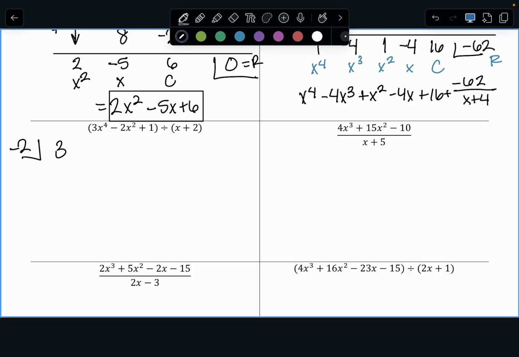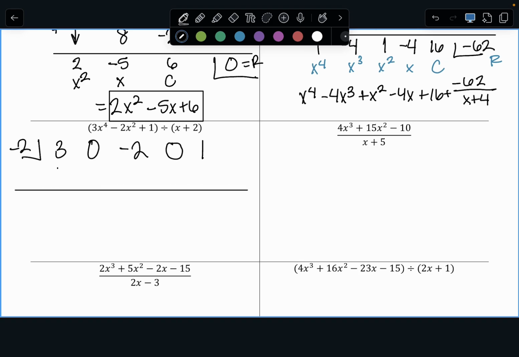Am I missing a term here? 0. Okay, I'm missing a term. What's my next number? -2. We need another 0 for my x term that I'm missing. And then 1.